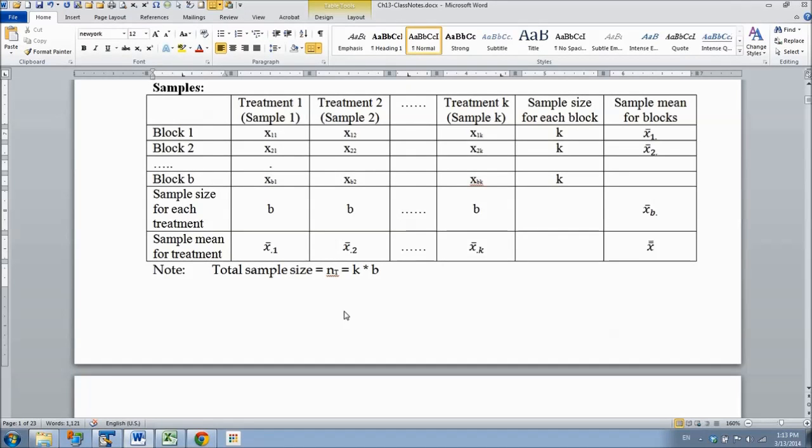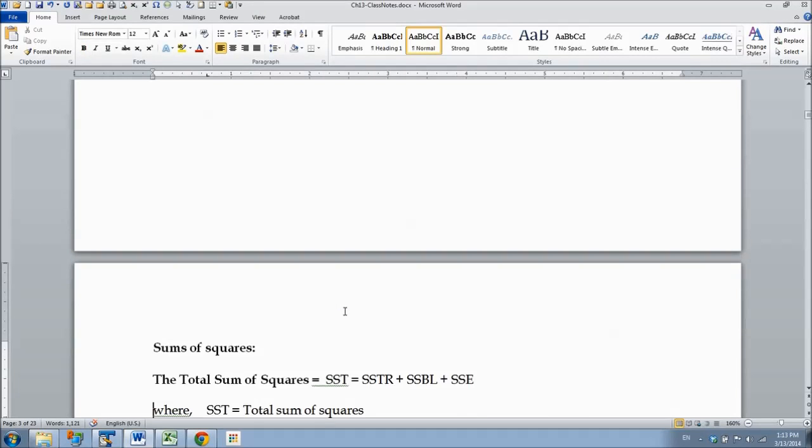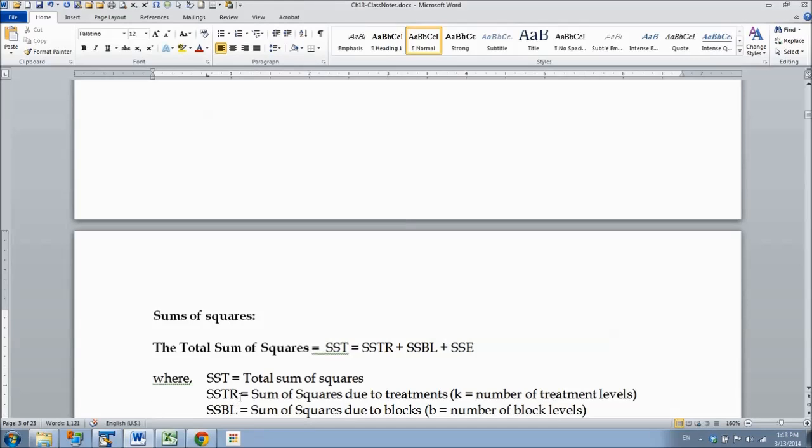At this point, we'll run the block design ANOVA in data analysis in Excel, and that will produce the ANOVA table for us. The ANOVA table will have the sums of squares. We have SST, the total sum of squares, which is divided into 3 sections. SSTR is the sum of squares for treatment, with k levels of treatment.